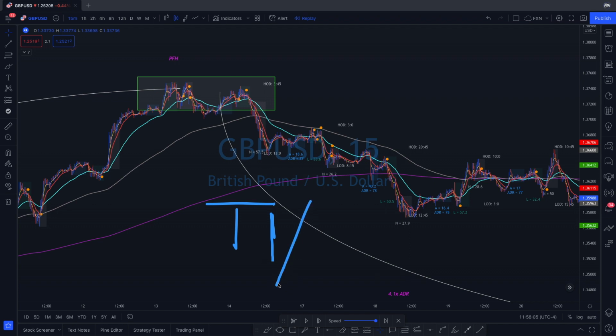Okay, I would only take type 1 trades, and I would also take type 2 trades going back up. That's it. Those two specific trade patterns.